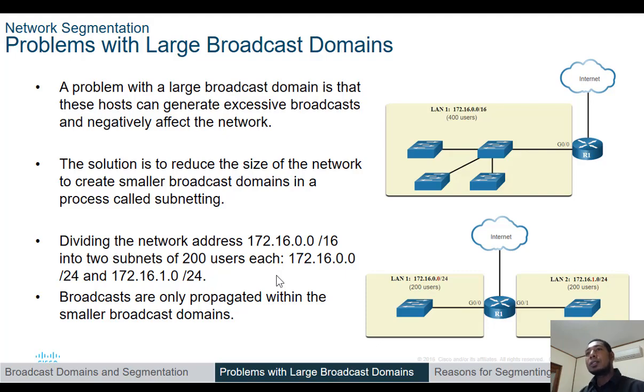So why they say -2 is you don't use the first address, you don't use the last address, you use what's in between. So the first is your network address, the last is your broadcast address.